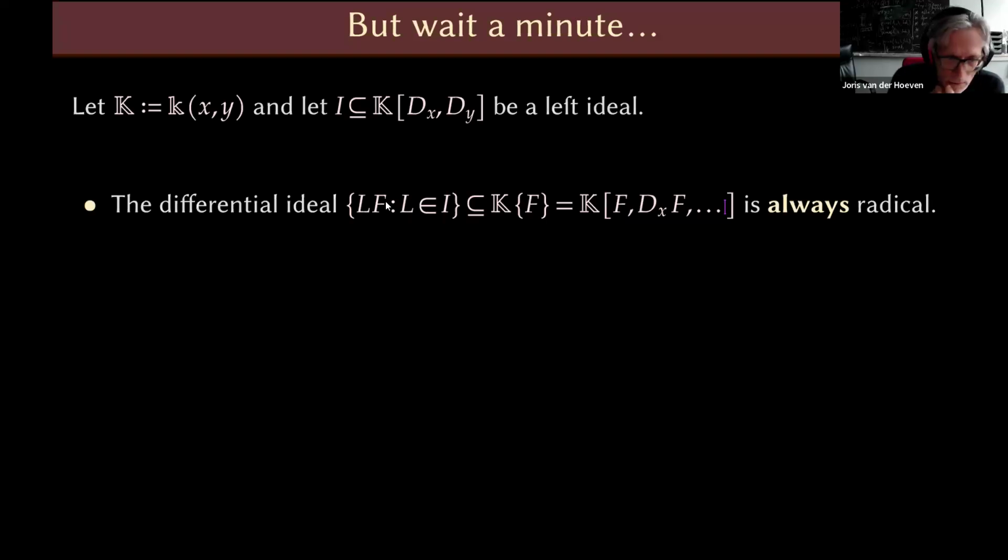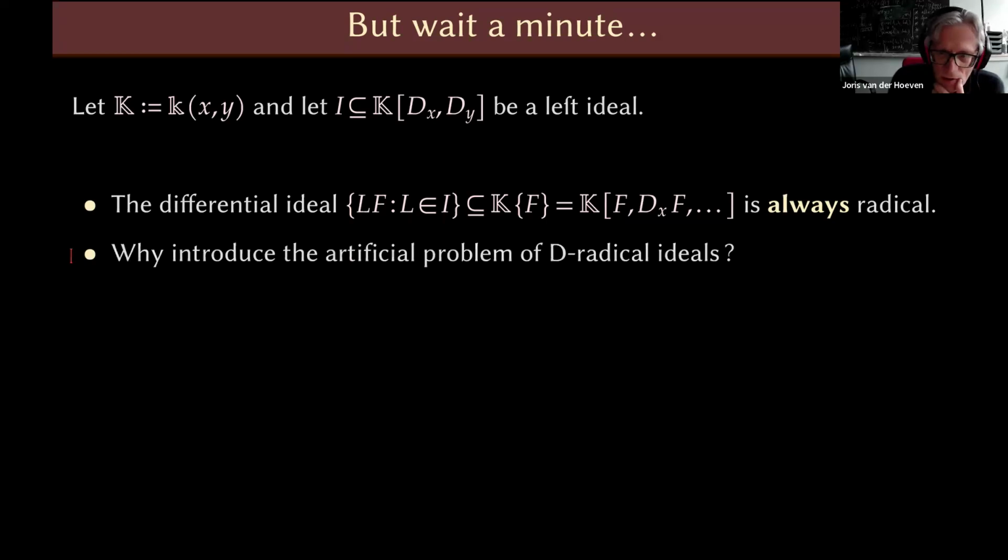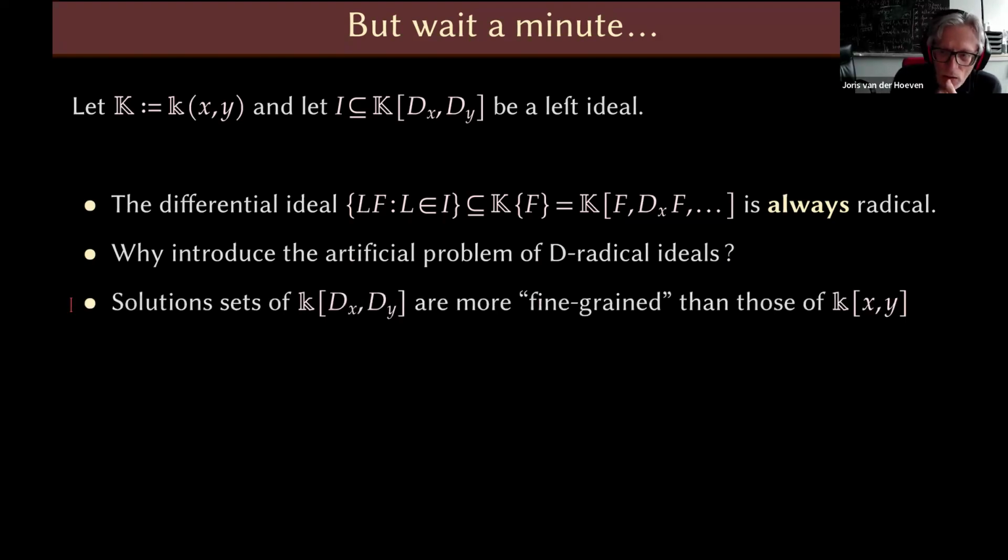Okay, so from this perspective, why do we want to introduce an artificial problem that actually caused trouble for the shape lemma? For the shape lemma, non-radical ideals were a problem, and we somehow artificially introduce this problem.